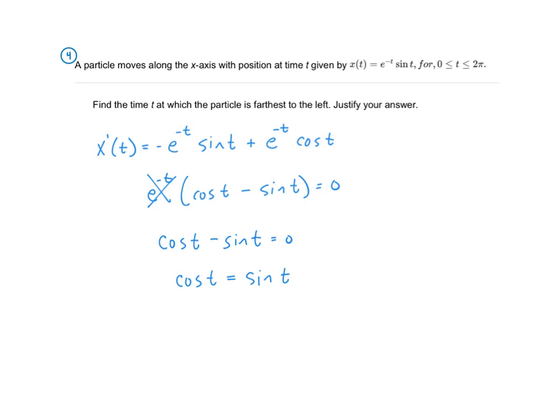So that's at pi over 4, in the first quadrant. And then, wait, why are they both negative? So like 5 pi over 4, I guess. Third quadrant, they're both negative. Yeah.